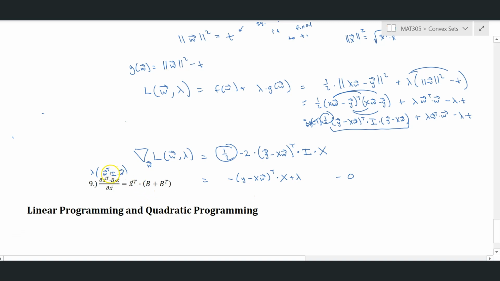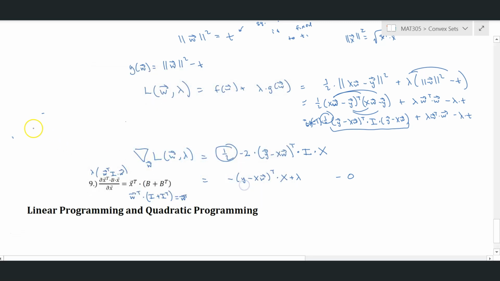And what's going to be the derivative of W transpose IW? Well, it'll be W transpose times I plus I transpose. And what does that equal? Well, that just equals W transpose times I because I is symmetric, right? So what would I plus I transpose equal?